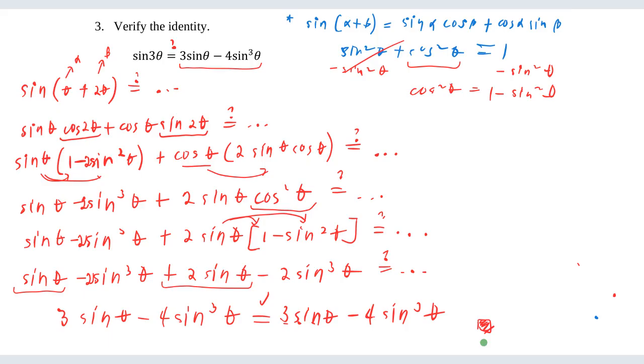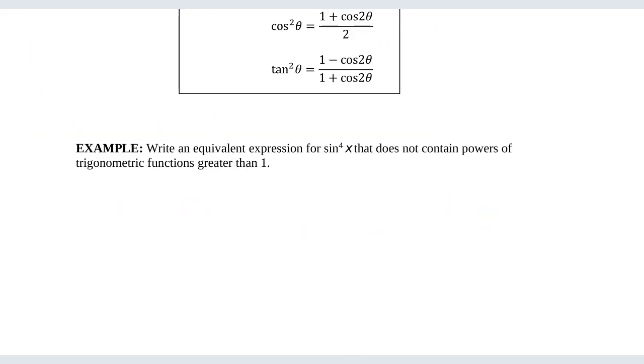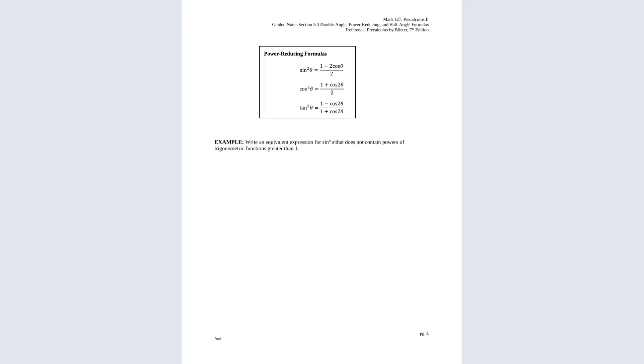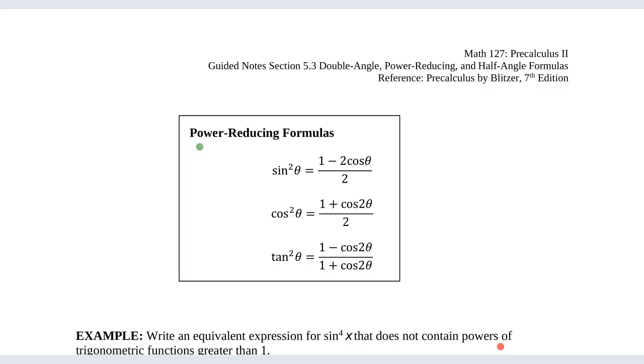All right, now moving on to the power reducing formula. As we move on, at first glance, the name may sound a little bit unusual. Well, the purpose of this formula is exactly what the name suggests.